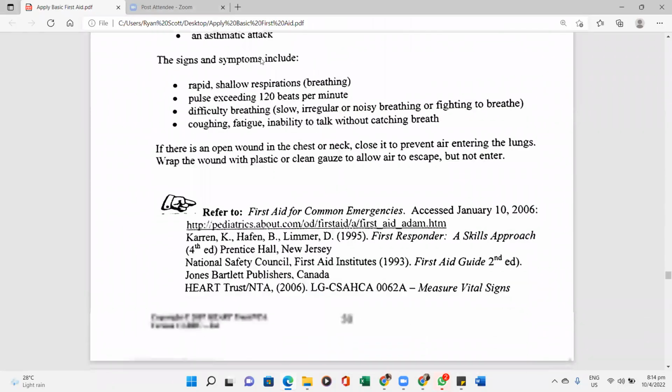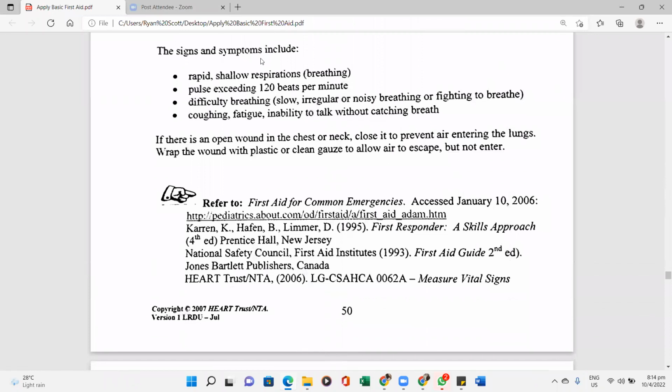It says the signs and symptoms include rapid shallow respirations, pulse exceeding 120 beats per minute, difficulty breathing such as slow, irregular, or noisy breathing, or fighting to breathe, coughing, fatigue, inability to talk without catching breath. And if there is an open wound in the chest, close it to prevent air entry in the lungs.